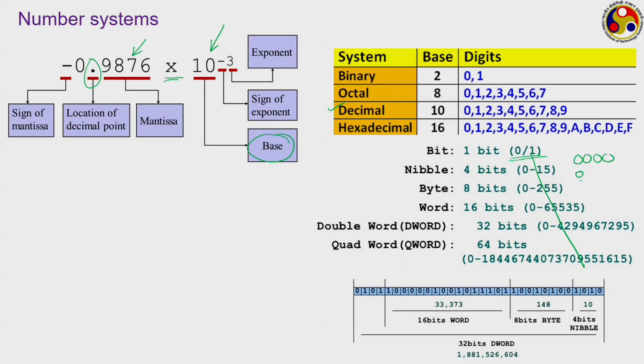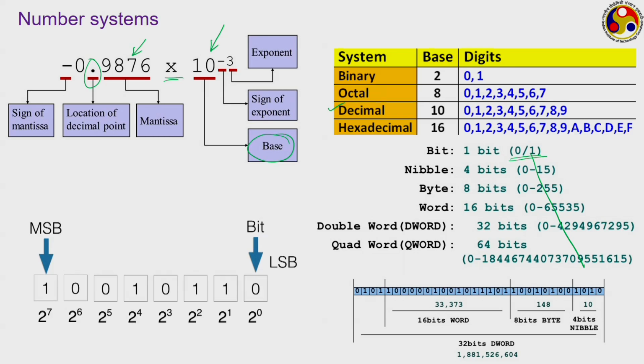You can put 4 digits, so from 0000 to 9999, these are all you can get. Or if you are talking about binary, then this is the smallest you can have, and this is the largest. If you are talking about octal, this is the smallest you can get, and this is the largest you can get. This way we can decide what is the maximum number that we can store in 1 nibble or 1 byte or 1 word or 1 keyword, which refers to 64 bits.